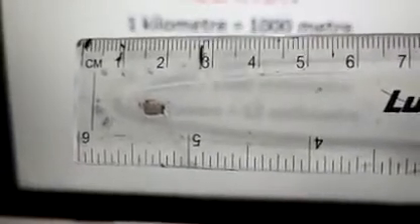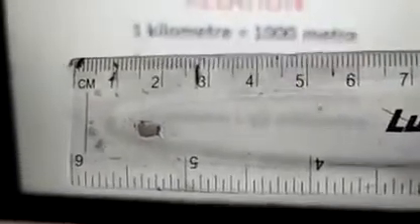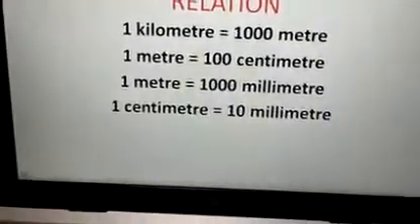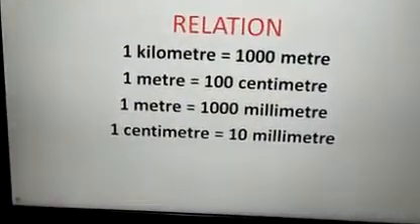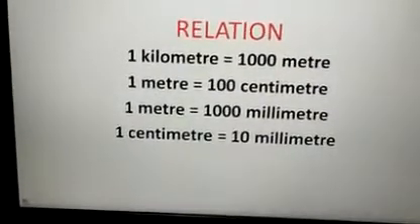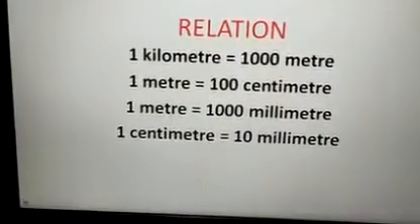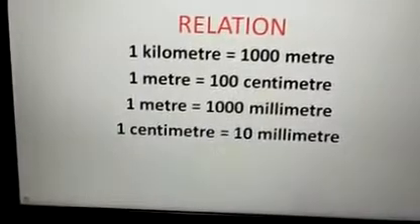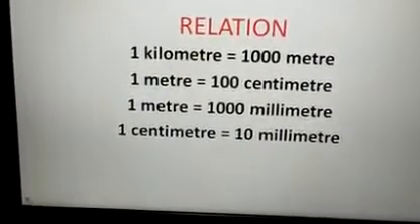Okay, and then you can ask me, ma'am, how much is 1 meter? 1 meter, suppose your study table. Study table length is 1 meter approximately, and 1 kilometer is equal to 1000 meters. Then you can understand 1 kilometer is very big.